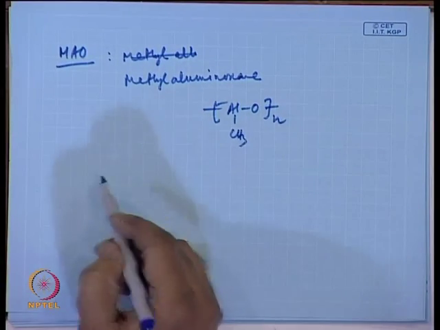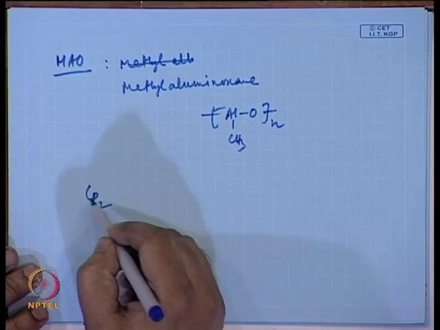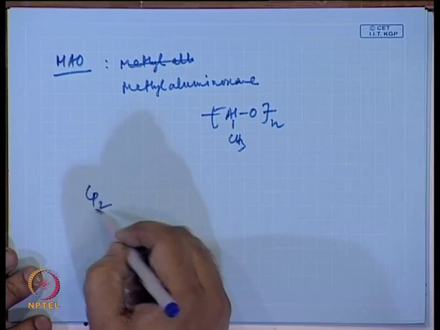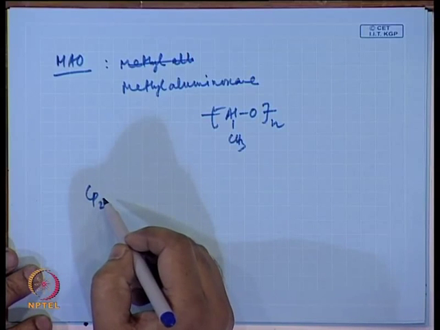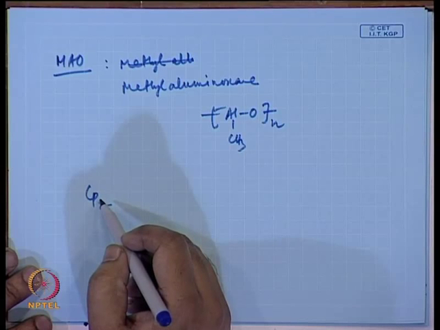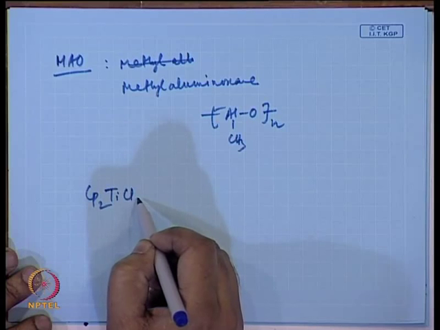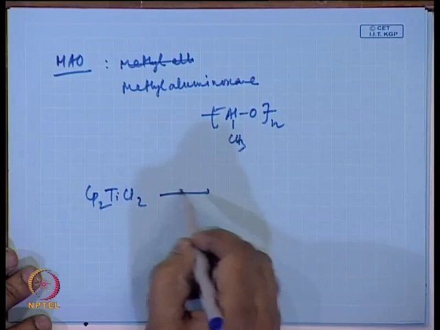Now, for example, let us take a metallocene polymerization. This is Cp2, cyclopentadienyl, say titanium chloride, in presence of MAO.